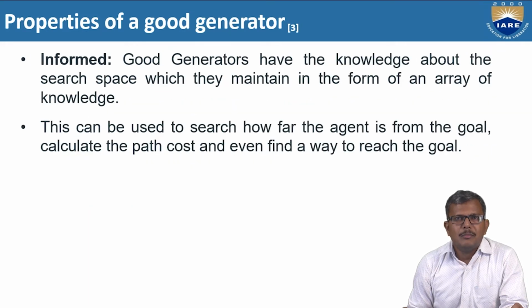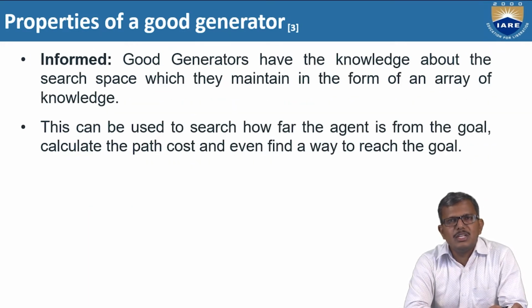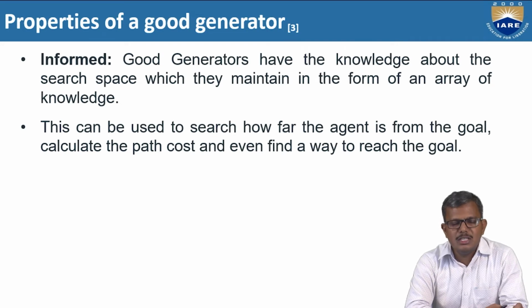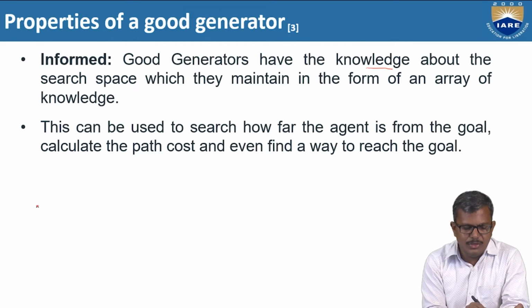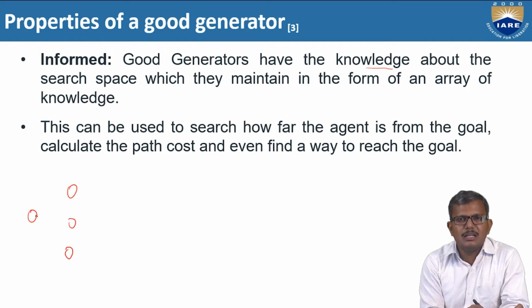And sometimes a generator can be informed. In this case, it should have some knowledge about the search space, which it maintains in the form of an array of knowledge. For example, think that from this state there are 3 different paths.